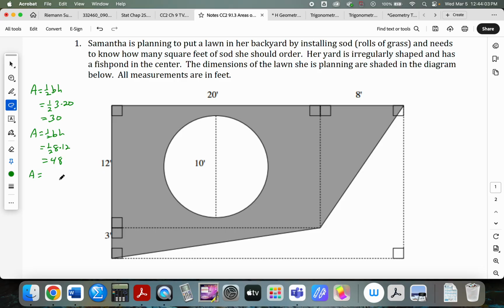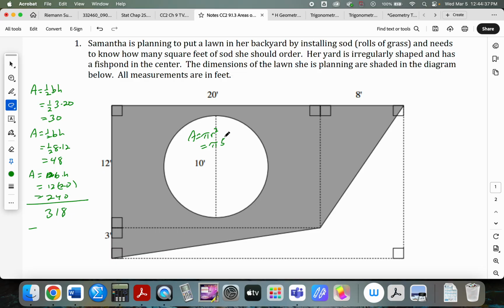And then the area of the rectangle is 12 times 20, it's base times height. It's 240. If I add all those together, that's 78, so that's 318. Then minus the area of the circle. Well, how do we find the area of the circle? That's pi times the radius squared.